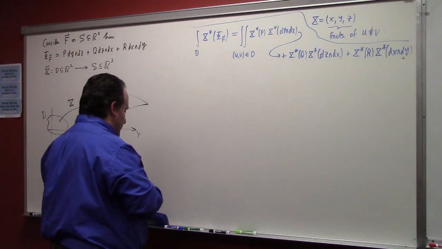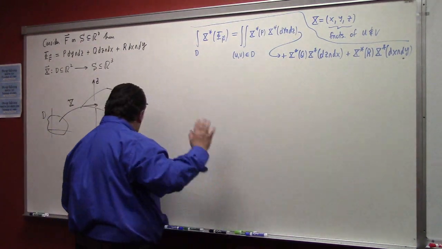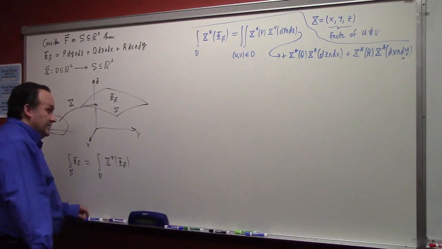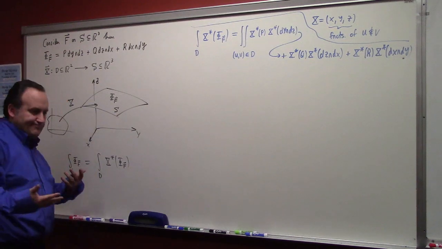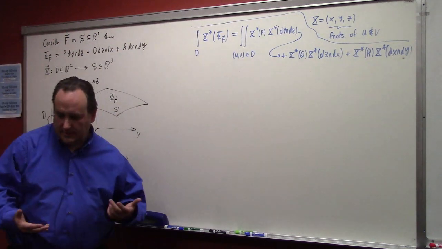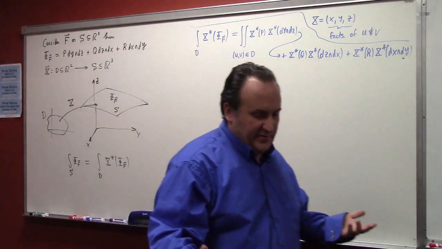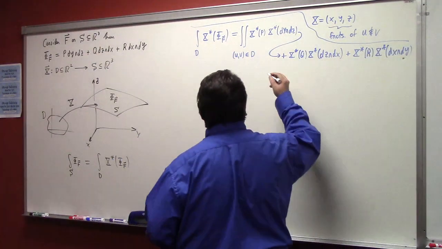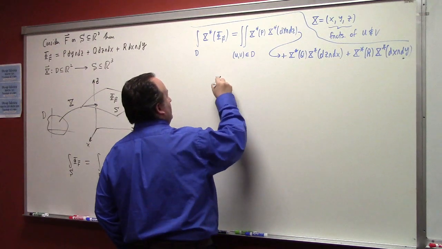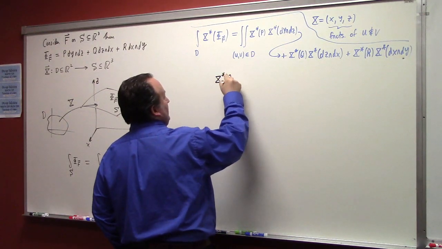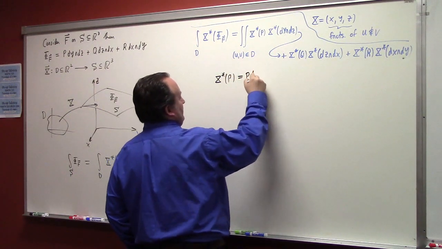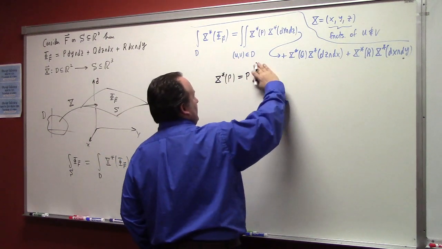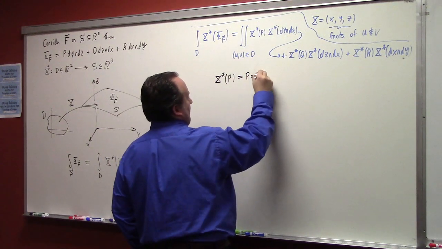But let's do, now I guess there's 6 pullbacks to talk about there. 3 of them are super easy. What's the pullback of P? Well, that's nothing more than P composed with X, right?